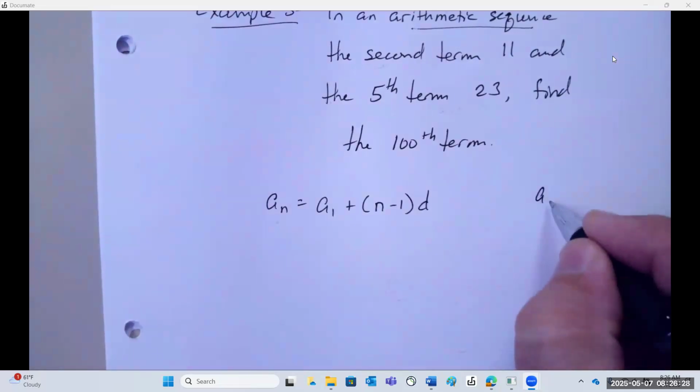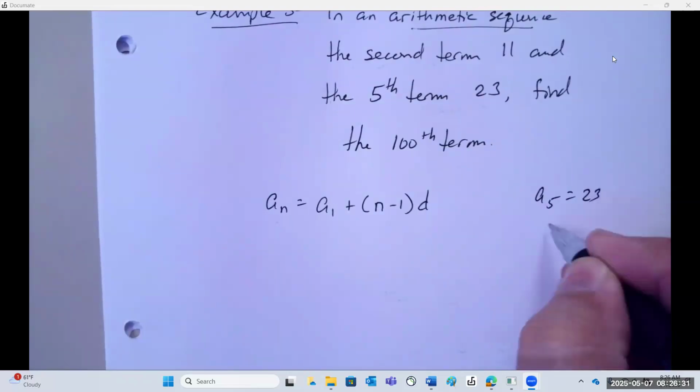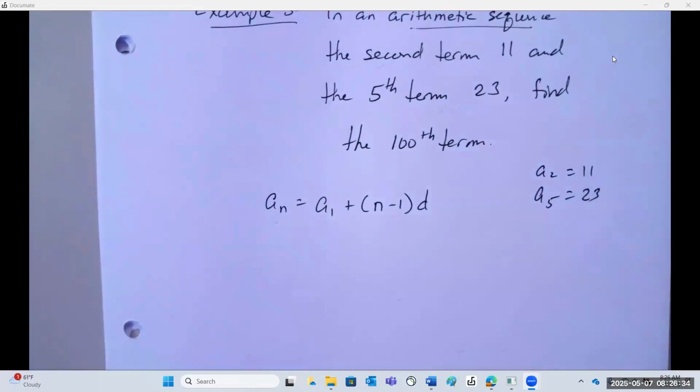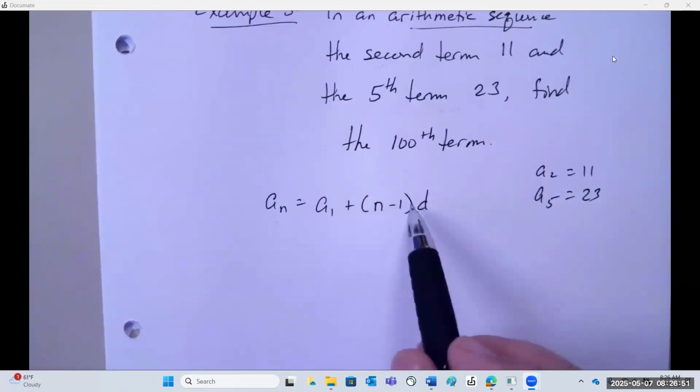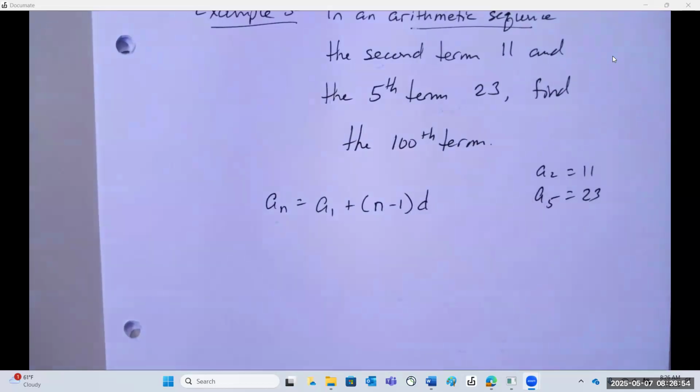Okay, so we know the fifth term is 23. We know the second term is 11. So what do we do with this? First, well, do we know the D? You can't find something if it has two unknowns. So we have to first find a known. What do you think we should do?